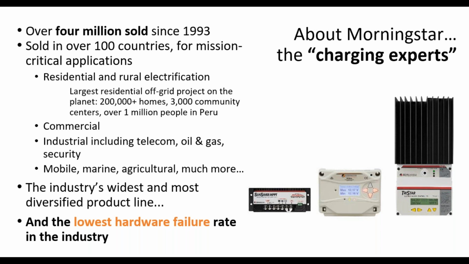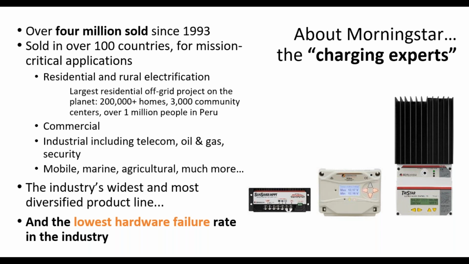We sell in over 100 countries, and we have specific applications that we work in, including residential and rural electrification. And rural electrification being, what we'd call solar home systems, including a very notable project where we provided power to 200,000 homes and 3,000 community centers throughout the country of Peru, affecting over 1 million people by providing them with energy.